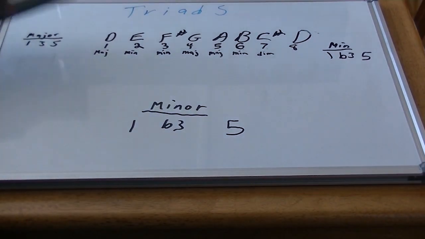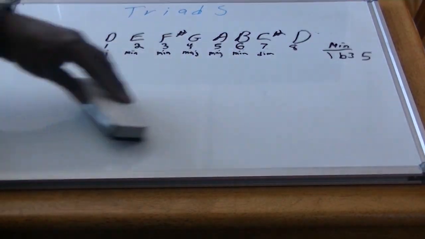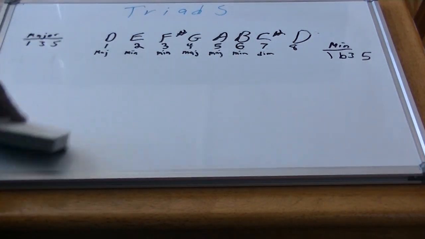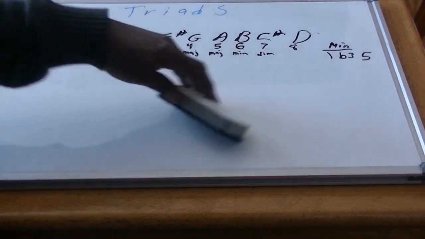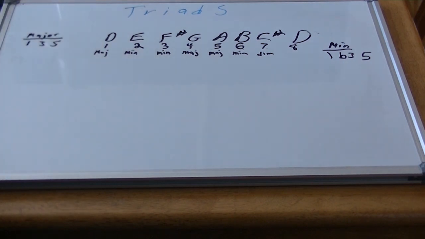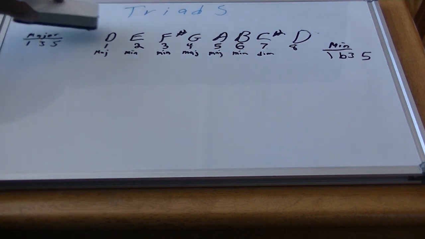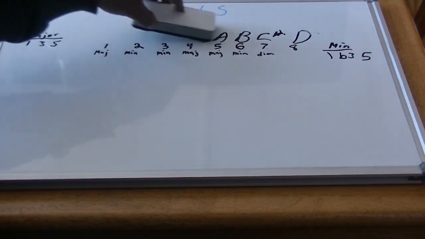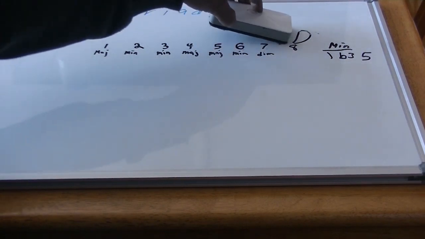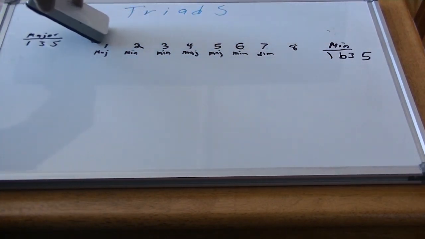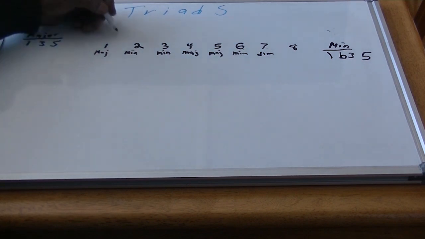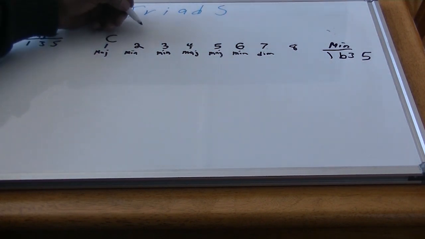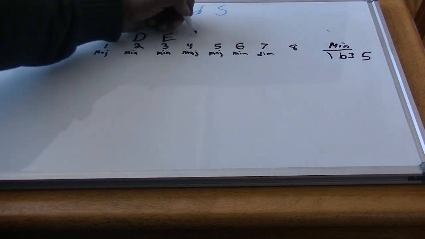So now let's compare the major and the minor chords. And instead of us writing out a bunch of different scales to compare various chords, I would like to compare these all using the C major scale. So what we're going to do is compare chords that have C as the root note.